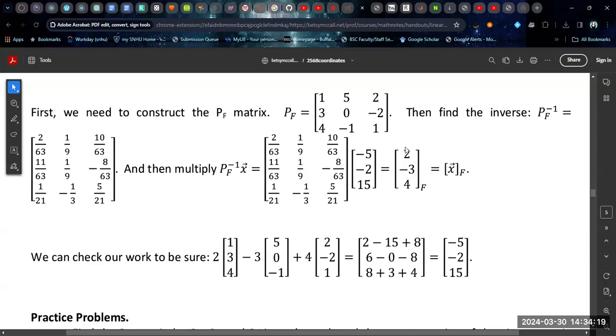This means that I need 2 times my first basis vector, -3 times my second basis vector, and 4 times my third basis vector. And if I do that arithmetic, I do in fact end up with my (-5, -2, 15), which was the original vector in the standard basis. So in this system of bases, the components that I need are 2, -3, 4.